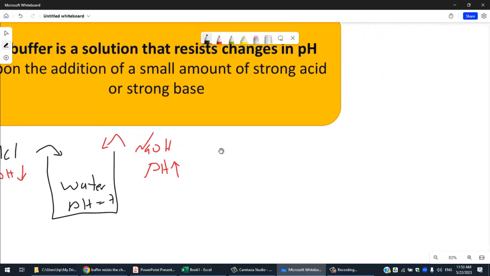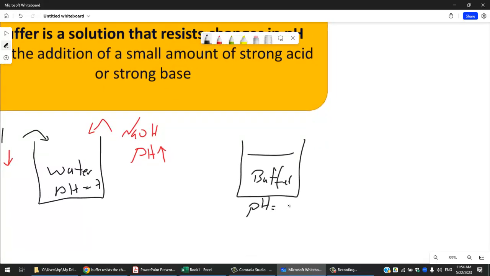But in case you have a buffer, and this is the difference between a buffer and just regular water, and we're going to talk about the constituents of the buffer soon. If you have a buffer solution, of course you will have either an acidic buffer or a basic buffer. You can design a buffer to the pH you want. Let's say we have a buffer at a pH of around 4.